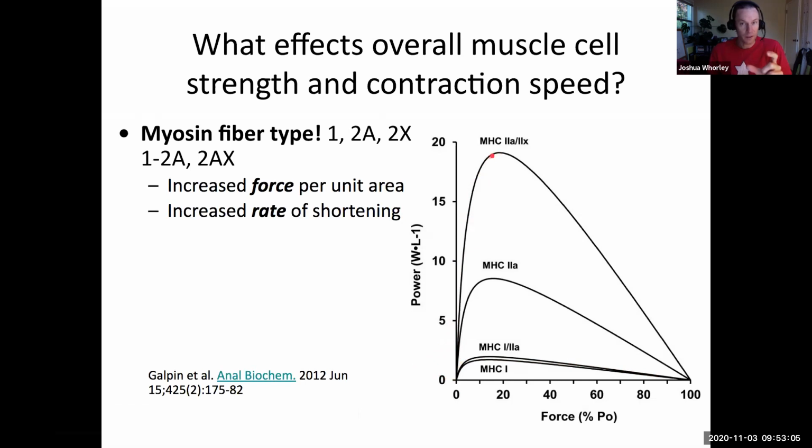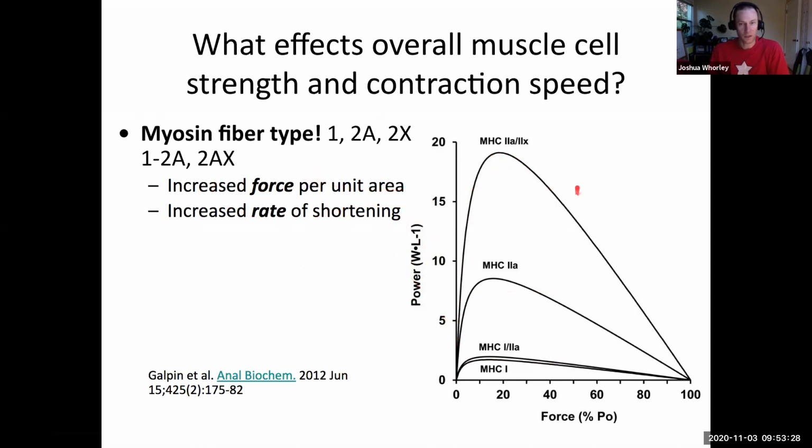So it's rapid production of a lot of power and then a steep drop off. Okay, so this has a really large force per unit area, and that's another way of describing power. And then this fast rate of shortening, and I'll show you that here in a minute.